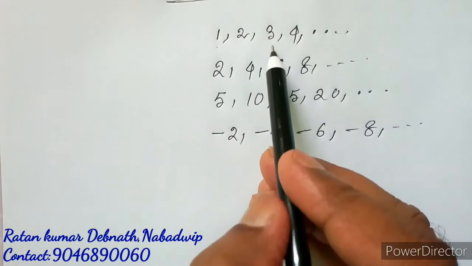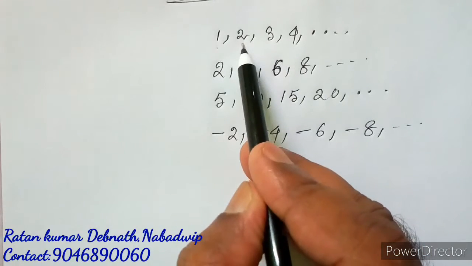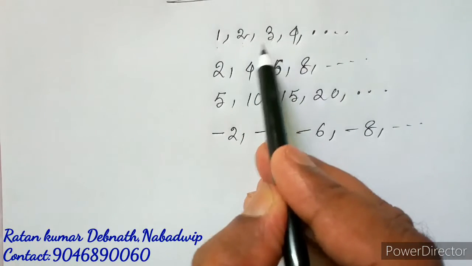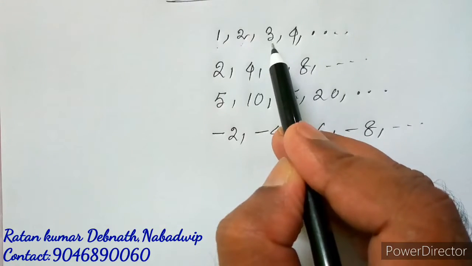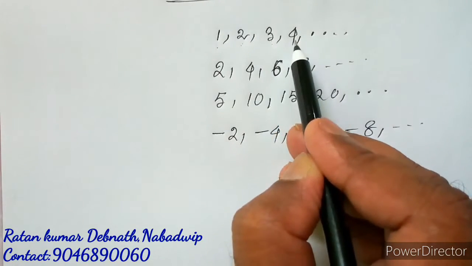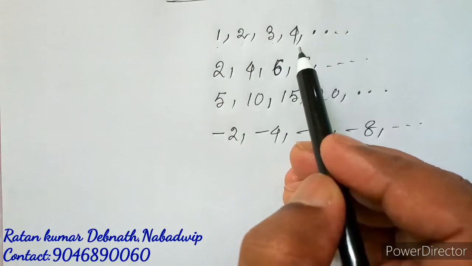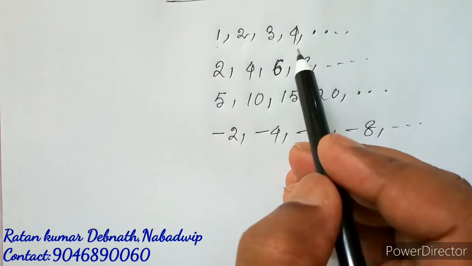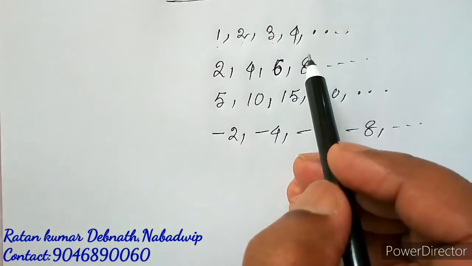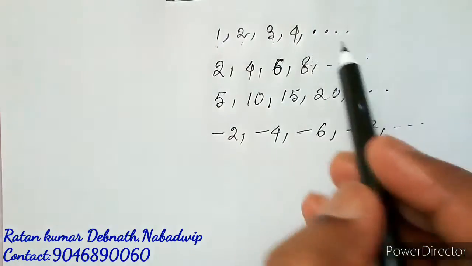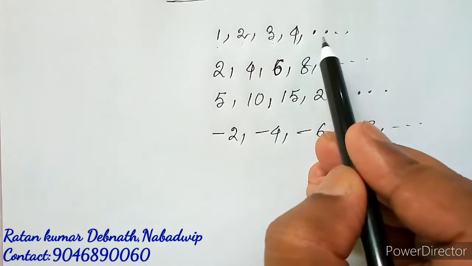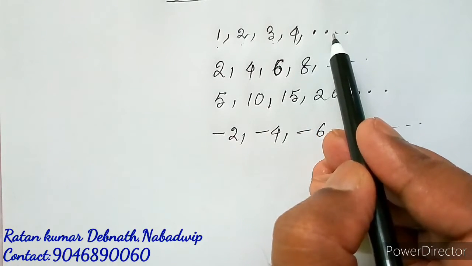If you subtract the second term from the third one, you will get 1. If you subtract the third term from the fourth one, you will also get 1. And so you can guess the next term of the series must be 5.